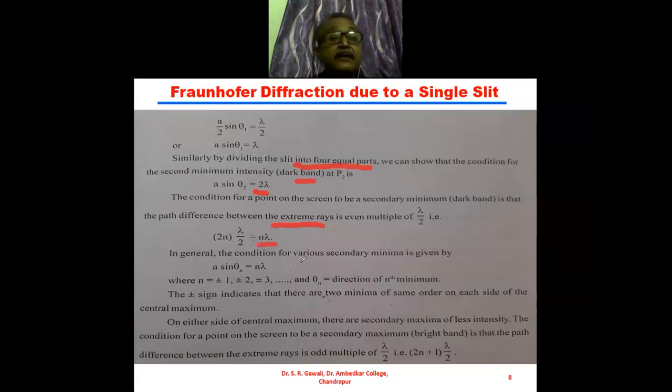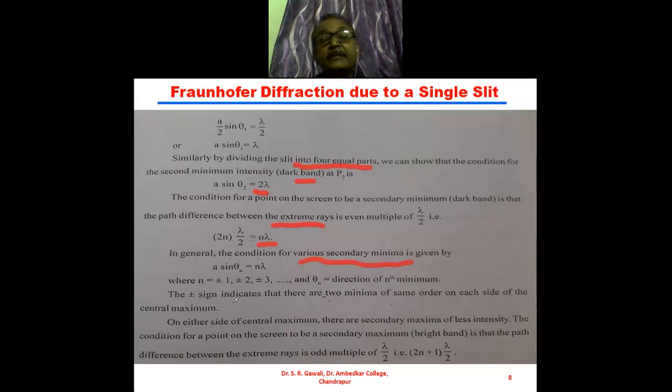In general, the condition for the various secondary minima is given by a sin theta n equals n lambda, where n is equal to plus minus 1, plus minus 2, plus minus 3, and so on, and theta n is the direction of the nth minimum.